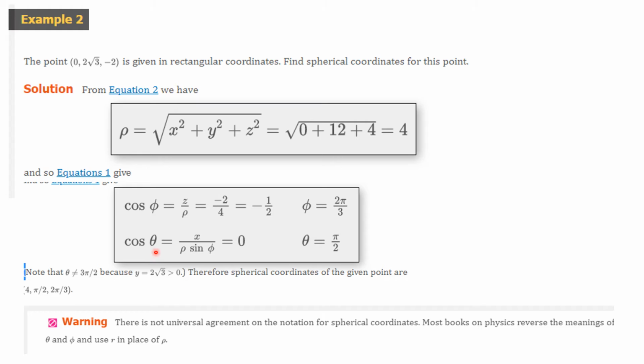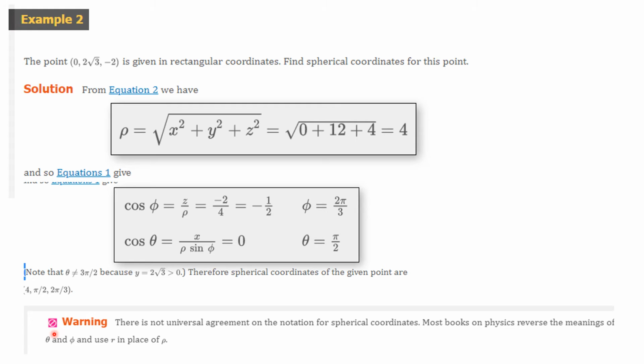Well, the inverse cosine of 0 is pi over 2, so we know theta is pi over 2. So that means that the spherical coordinates then are going to be rho, theta, phi, and so that is going to be 4, pi over 2, and 2 pi over 3.